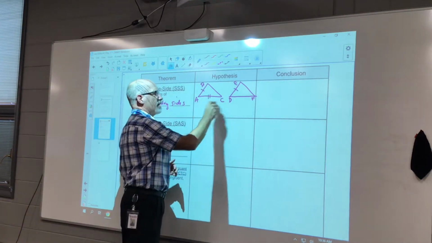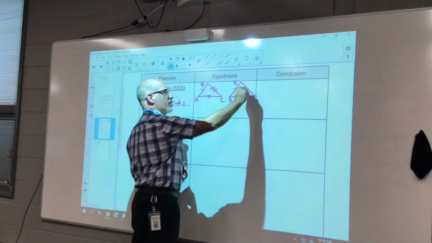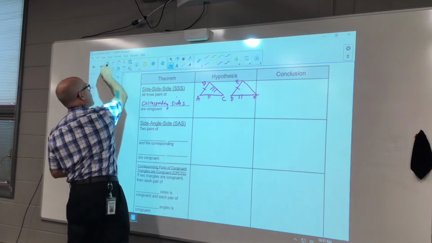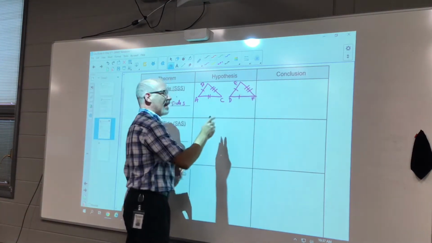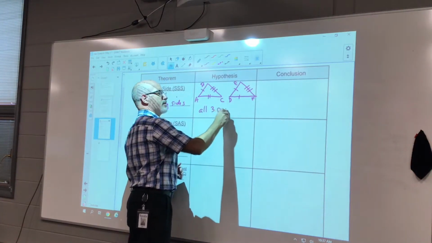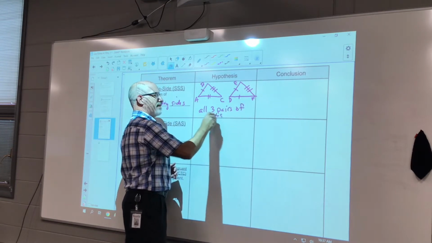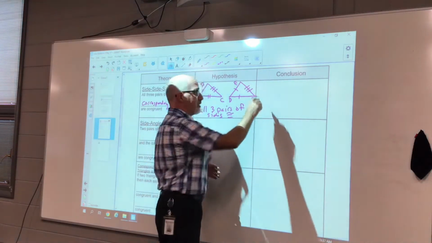If these two sides are congruent, and then if these pair of sides are also congruent, so we've got all three pairs of sides congruent, that means, so all three pairs of sides congruent, that's our given, then we can conclude that the triangles themselves are congruent.